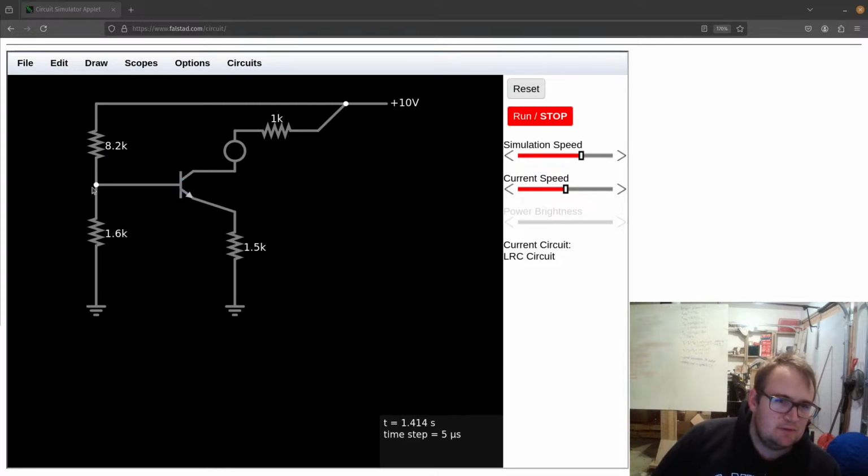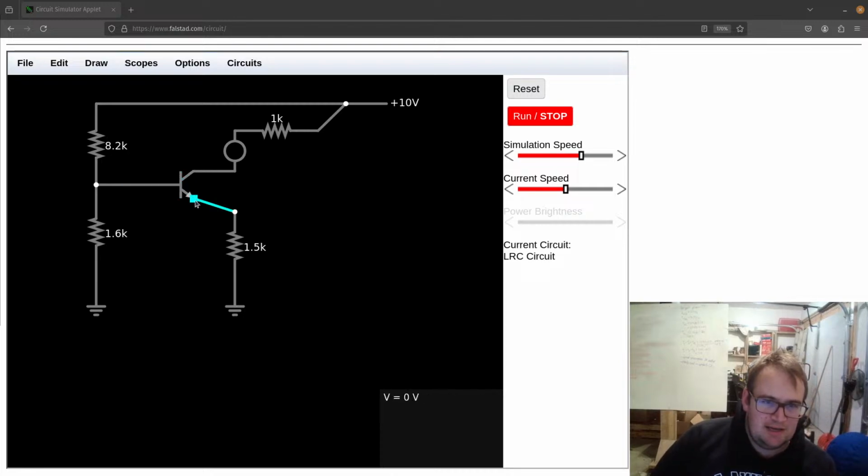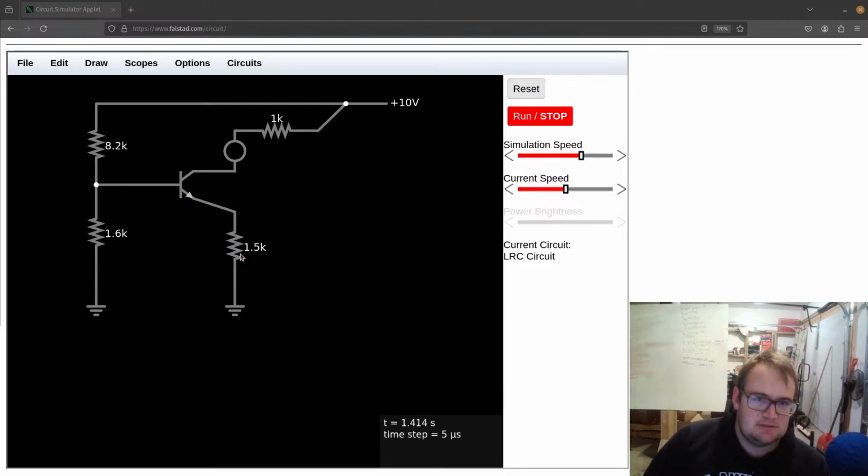So what they are doing is they're saying there's 8.2 volts burnt up here, so there's only 1.8 volts or so here. So we would lose about a diode drop here, 0.6 volts. So 1.8 volts, 1.2 volts, so we would have just under a milliamp here.